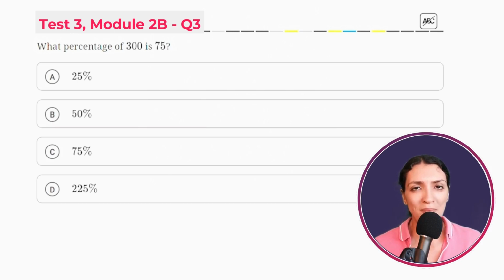That's 150. We're looking for 75, so of course, we'll have a smaller percentage than 50. If you look at the choices, that would lead you to choice A. Alternatively, you could think 25% is a quarter, and a quarter of 300 is indeed 75.